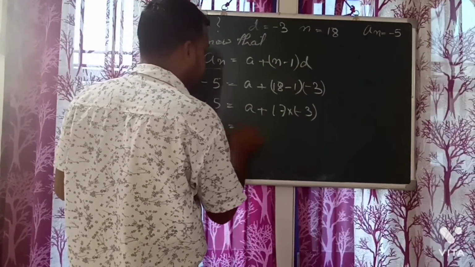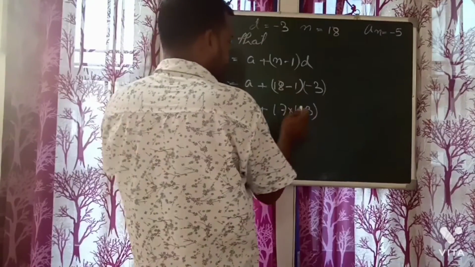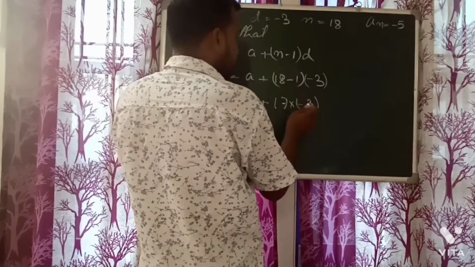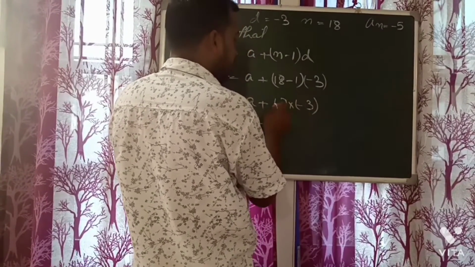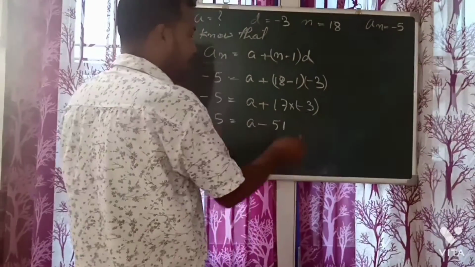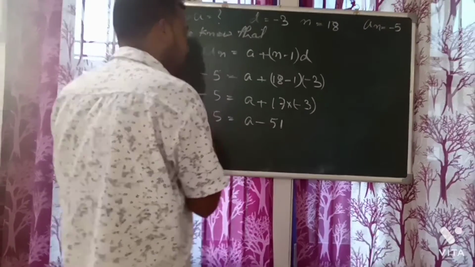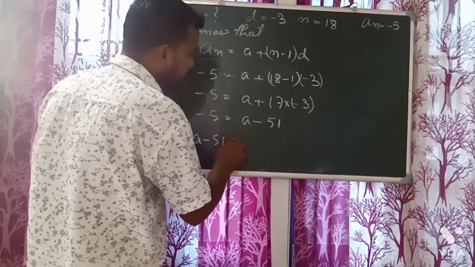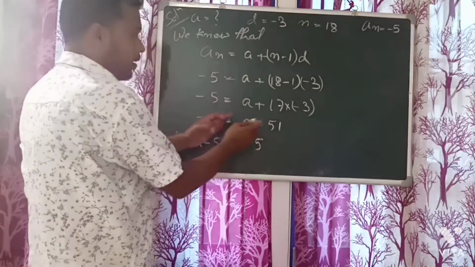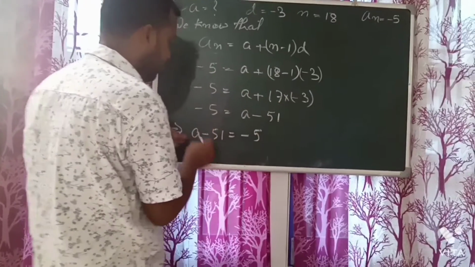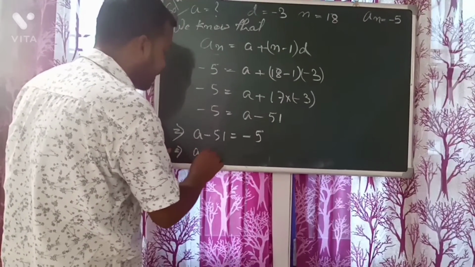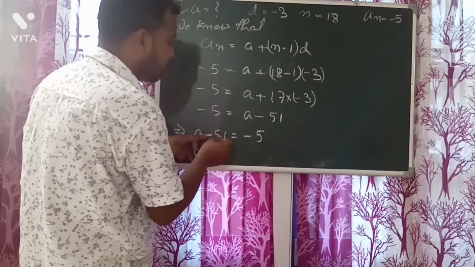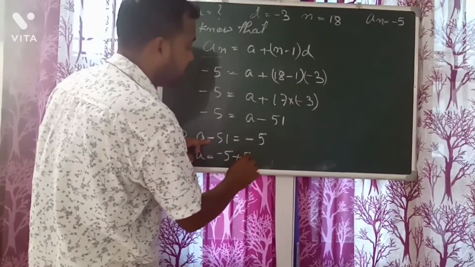minus 5 is equal to A plus, if you multiply plus and minus it will become minus, put minus sign, 3 7s are 21, 2 left, 3 1s are 3, so 51. A minus 51. It can be written like this also: A minus 51 is equal to minus 5. Then it implies A is equal to minus 5, when this minus 51 goes to that side, it will become plus 51.